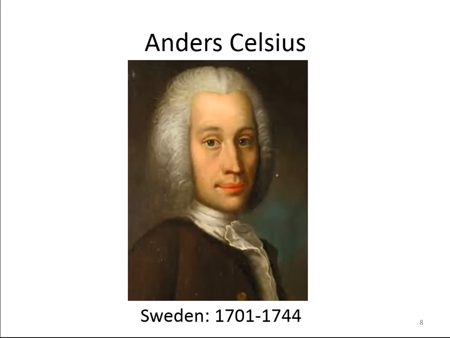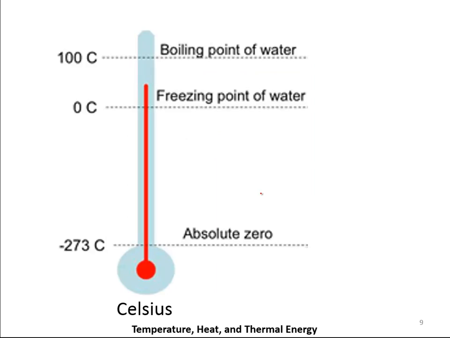Next, let's look at two different temperature scales, Celsius and Kelvin. The Celsius scale was invented in the early 1700s by Anders Celsius from Sweden. He's a fine-looking lad. On the Celsius scale, water freezes at 0 degrees Celsius and boils at 100 degrees Celsius.